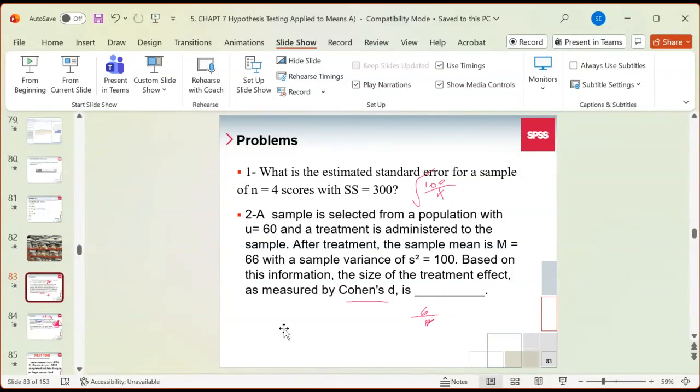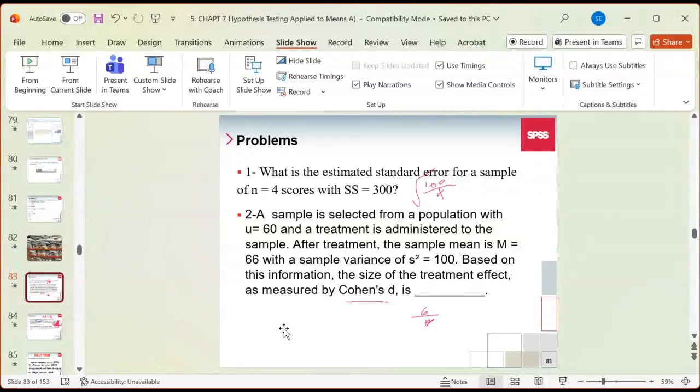So you pull out the slide that has all the formulas.